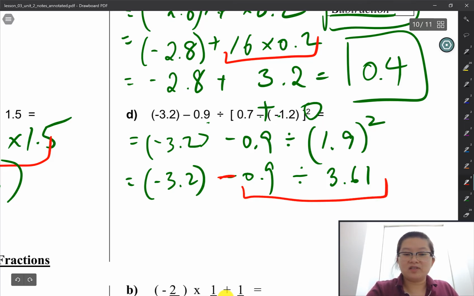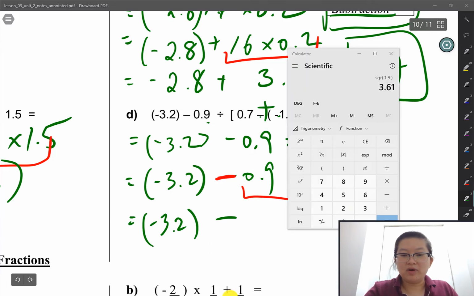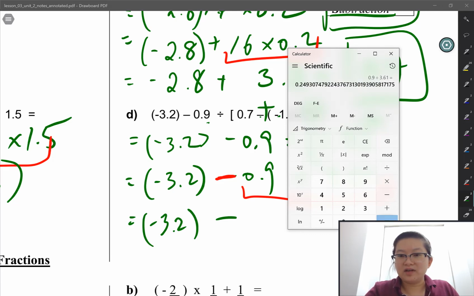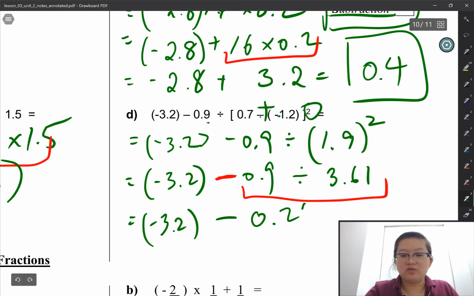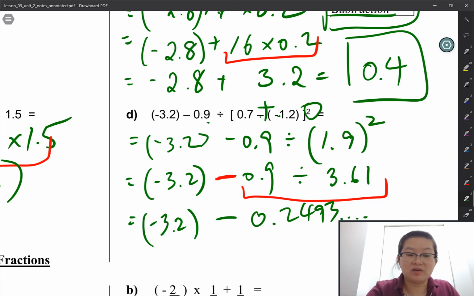Just be careful, there's a negative sign there we don't want to leave out. So negative 3.2 in brackets minus 0.9 divided by 3.61. Okay, that's going to give us a very large number, 0.2493... and that's just to show that the decimal keeps going.